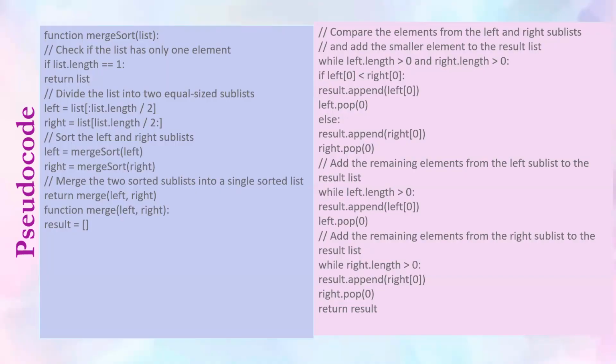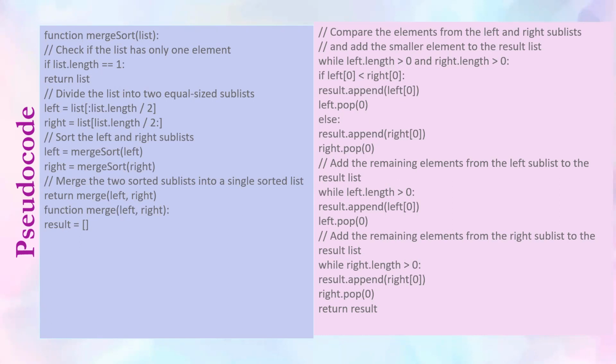Okay. Now this is just the pseudo code of your merge sort. Whatever we have done so far, the same thing we are explaining here. So first thing, what do we do? If the length is just one, if there is only one element, I'm going to return it. If there is more than one element, then I'm going to divide that into a left sublist and a right sublist.